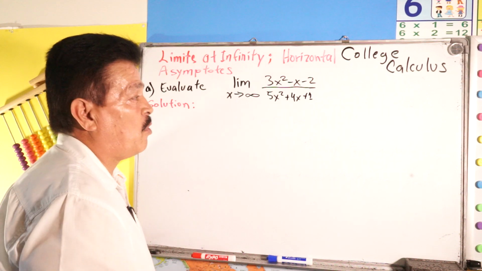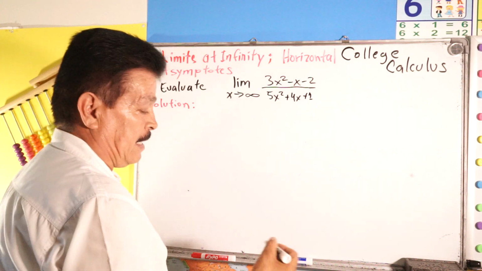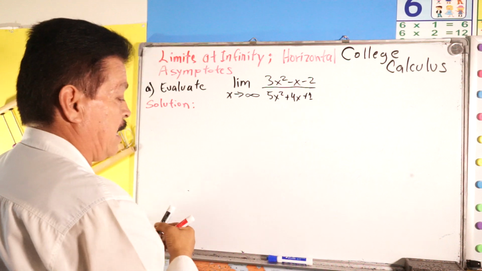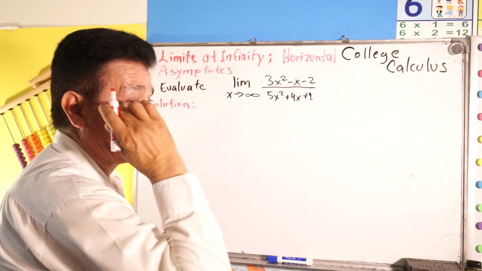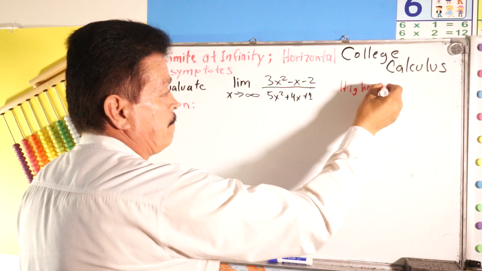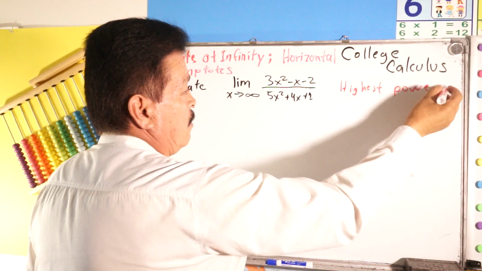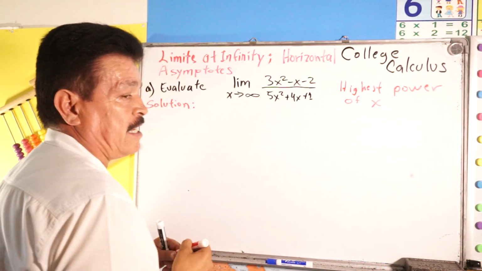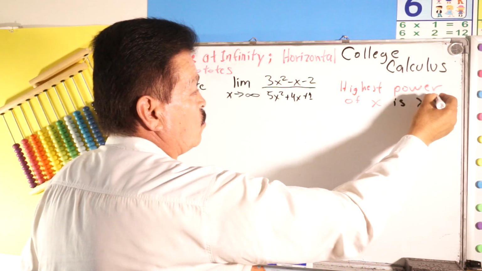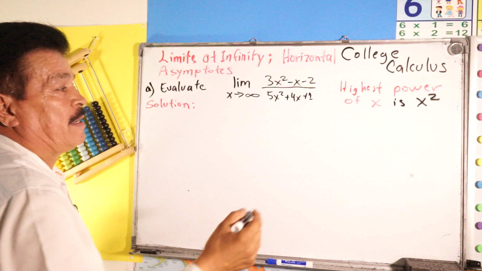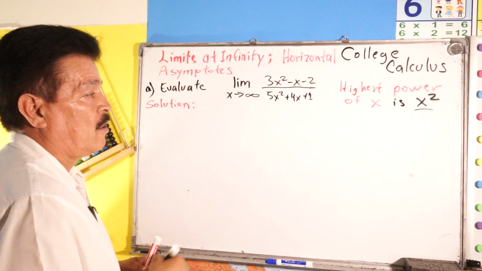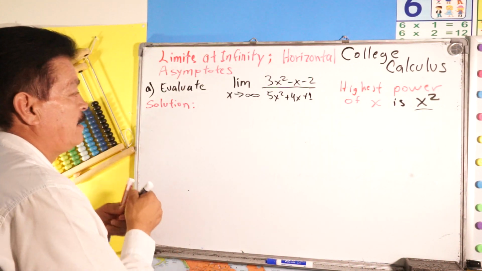In this case, the highest power of x in the denominator is x to the second power. This is very important.